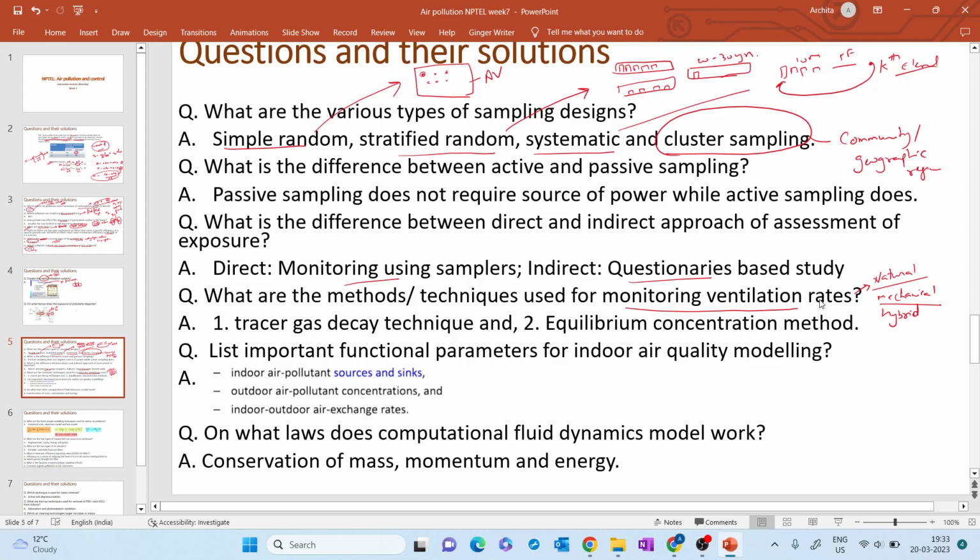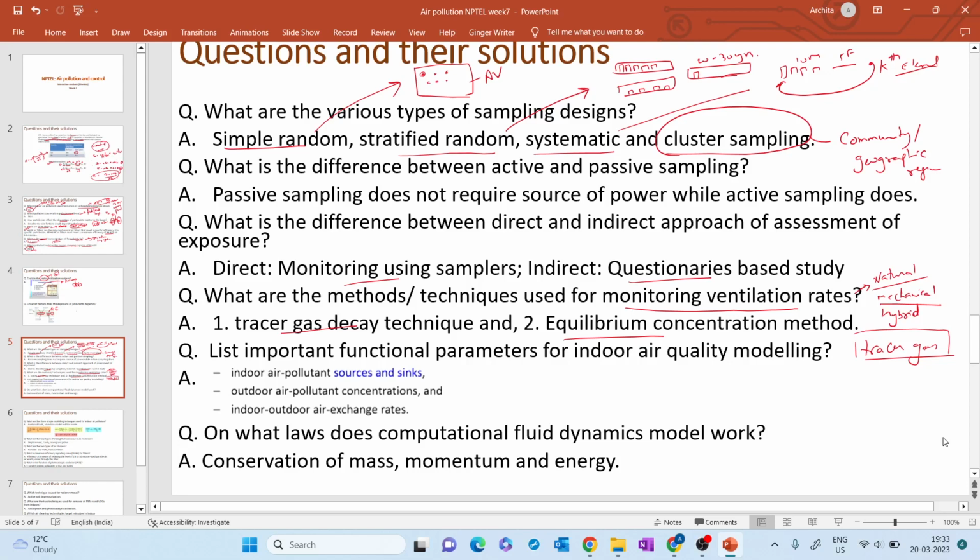Now there are two different techniques to monitor the ventilation rate, that is, how much ventilation is happening in a particular household. These two are the tracer gas method and the equilibrium concentration method. Both of these methods have the same principle, which is that they use a tracer gas. Tracer gases are gases which you generally don't find in nature.